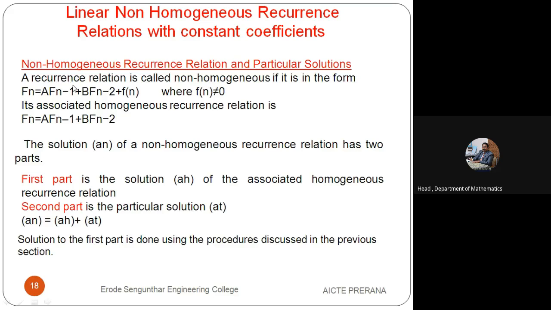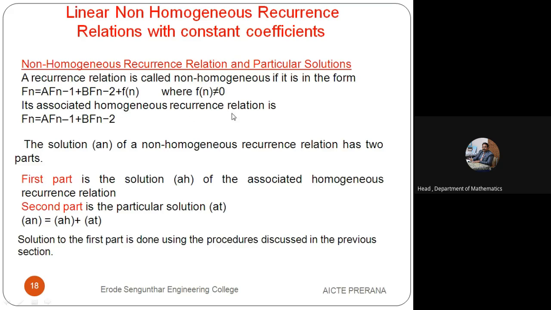Now we see the non-homogeneous recurrence relation f_n = a f_{n-1} + b f_{n-2} + f(n). Here f(n) is independent of f_n.